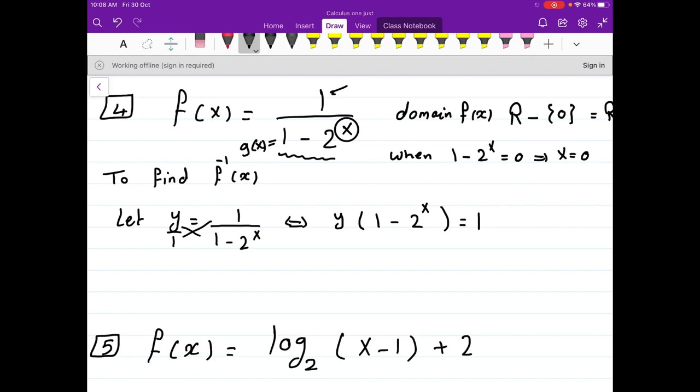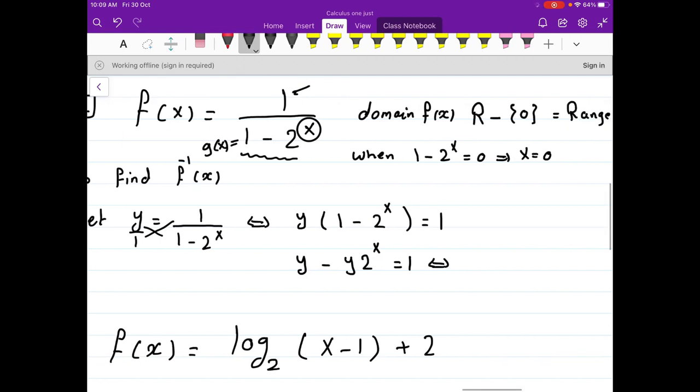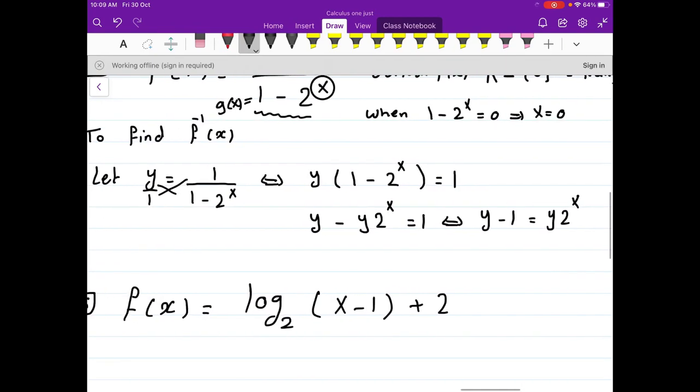So this is equivalent to y minus y times 2 to the power x equal 1. Solve x in terms of y. So you get y minus 1 equal y times 2 to the power x.